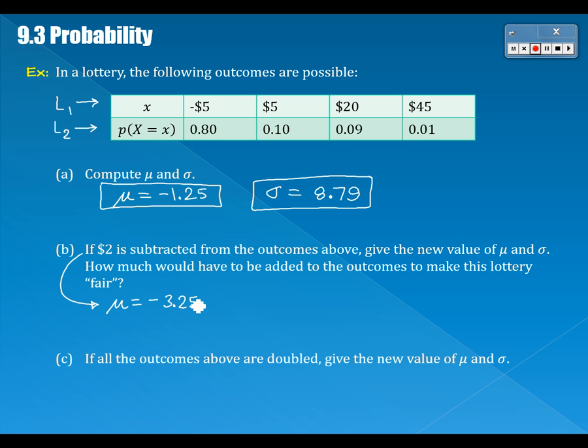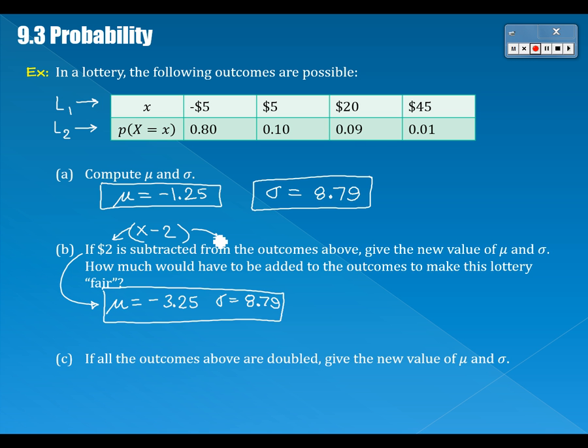The new standard deviation is the same as the old one, because if you do a linear transformation, a translation of the data up or down, the spread, the standard deviation, doesn't change at all. We're asking about the random variable x minus 2 here, and we've already kind of covered that.